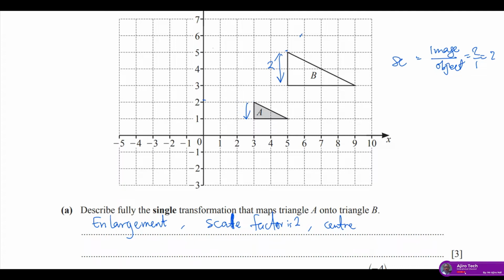Get your ruler. Connect these points to this point. Let me do it well. Straight line. I'm trying to get a straight line here. Let me do that again.